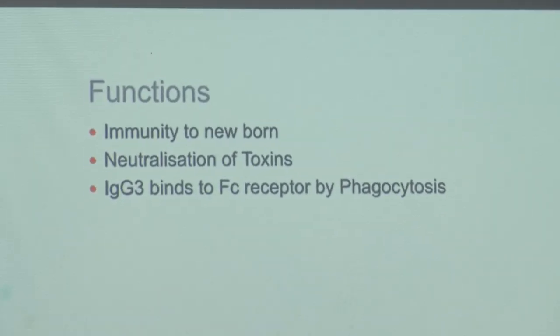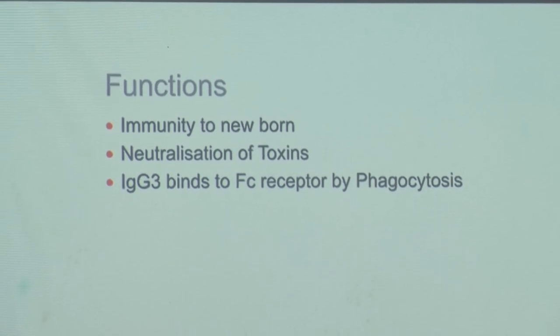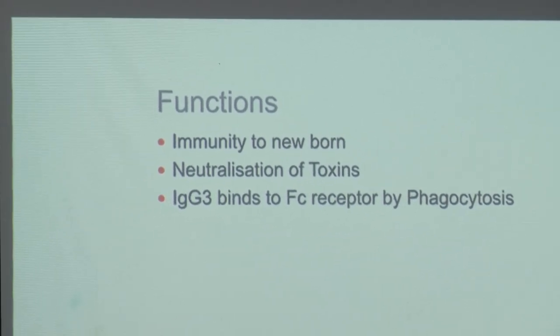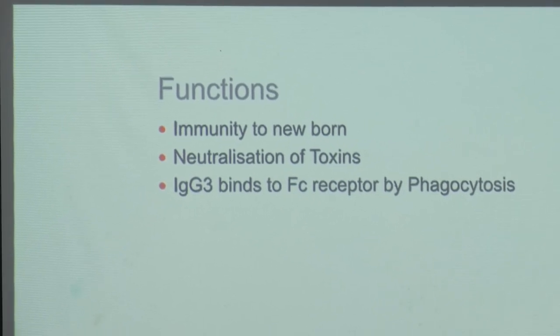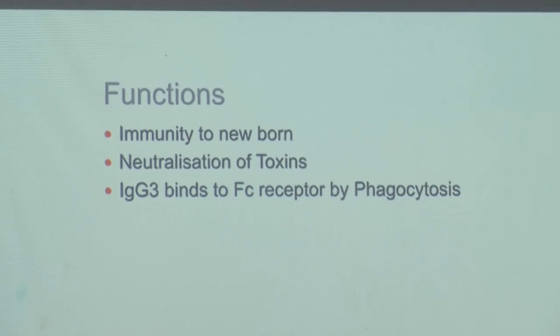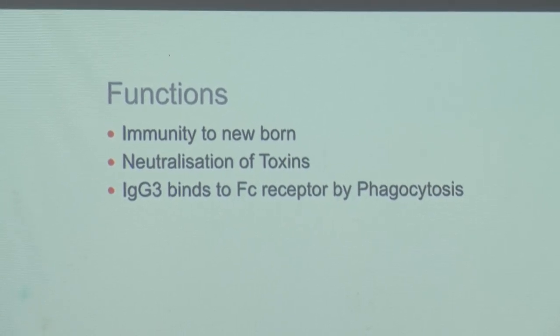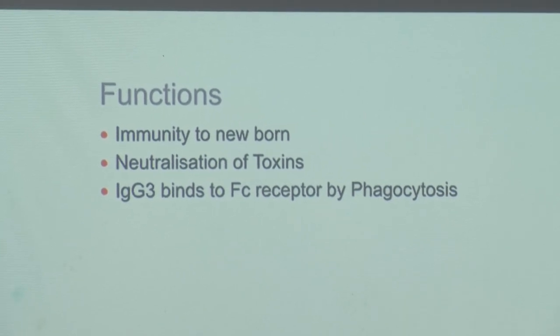Function is immunity to the newborn and neutralization of toxins, and IgG binds to Fc receptors of the phagocytes. This Fc and Fab region, we will talk about in the complement system classes. Has complement been taught? It will be taught in the complement class. Fc and Fab regions are required.